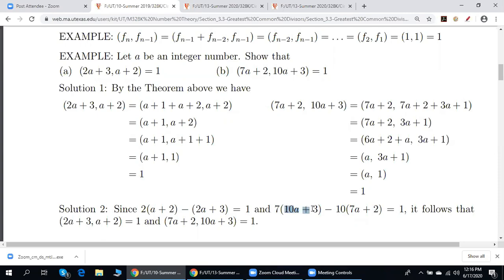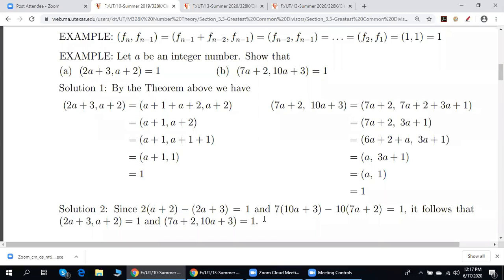If both this and this are divisible by d, the whole thing is divisible by d, but the whole thing is 1. So any common divisor of these two is a divisor of 1. Therefore, the greatest common divisor of these two is equal to 1. Done. Any questions?